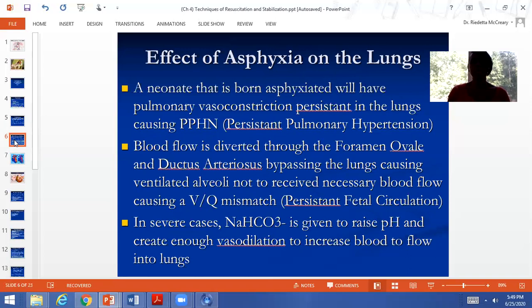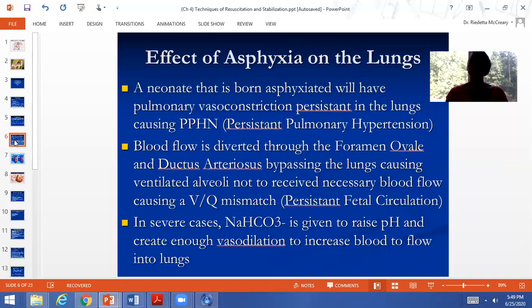Okay, so a neonate that is born asphyxiated will have pulmonary vasoconstriction. We talked about that earlier when we did the review of the blood flow through fetal circulation. If they are born asphyxiated, the vessels in the pulmonary system should dilate normally, but in this instance, they will stay vasoconstricted.